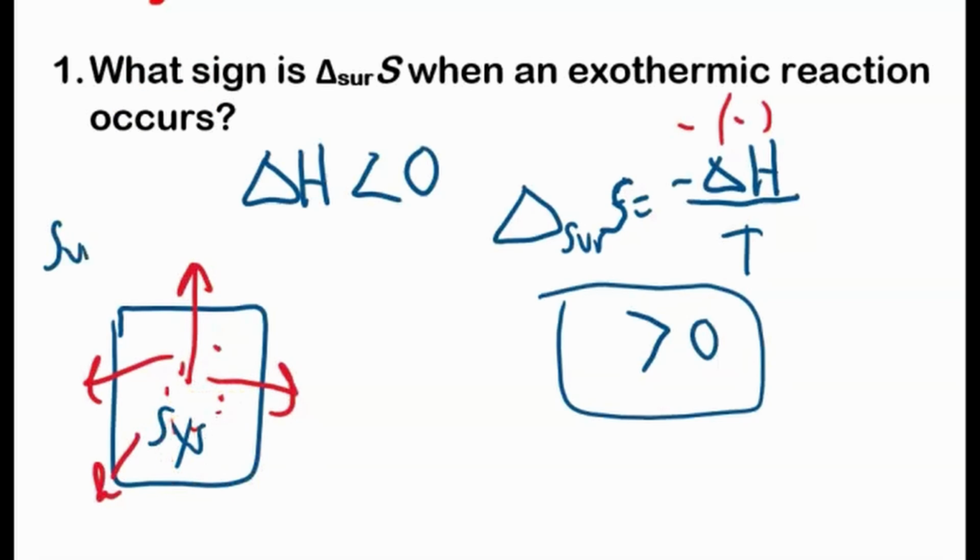The surroundings are absorbing this energy as heat, because the surroundings is like the whole universe. So we're moving kinetic energy to the surroundings. That means we're increasing the entropy of the surroundings, so the change in entropy of the surroundings has to be greater than zero. It has to increase. The entropy of the system may likely decrease, but in the surroundings, it will increase.